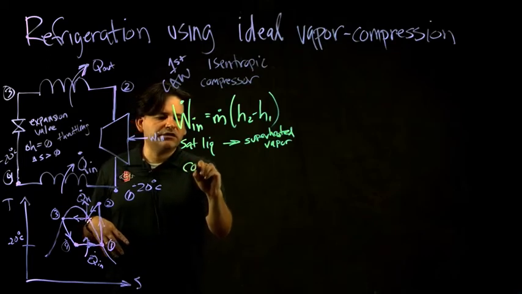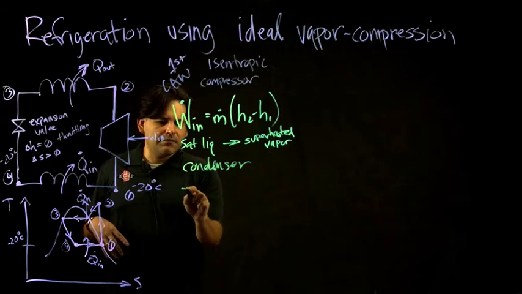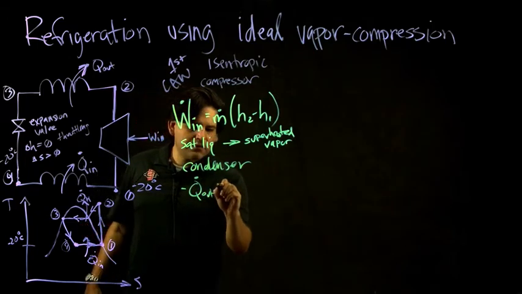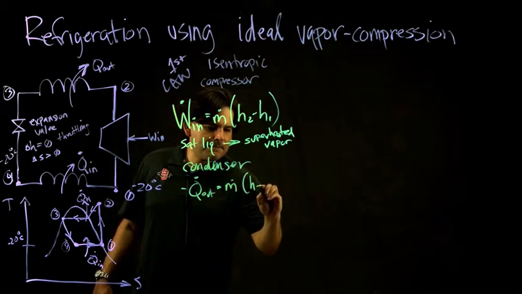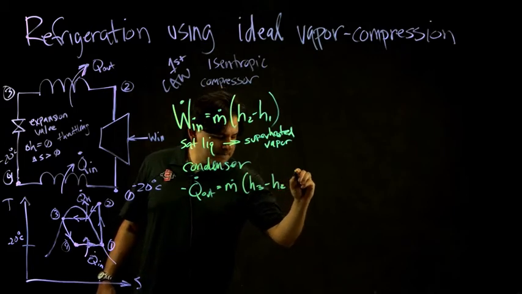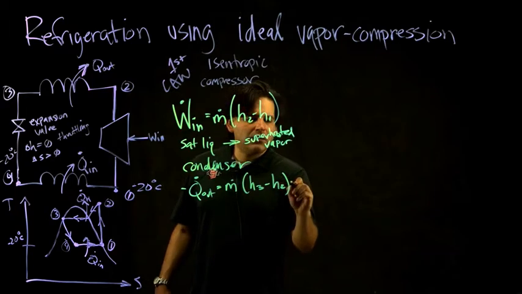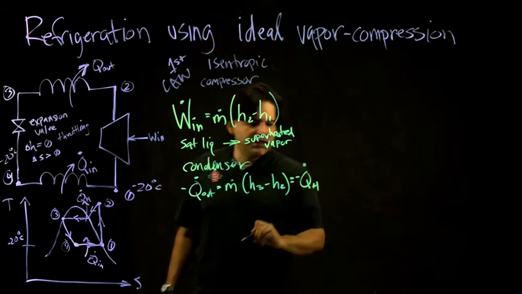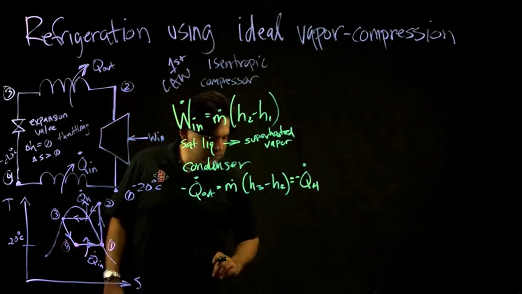The condenser stage is some heat transfer out of the refrigerant, and this is Q out, or in terms of a heat engine, it's the QH stage. It's the high temperature energy transfer by heat.